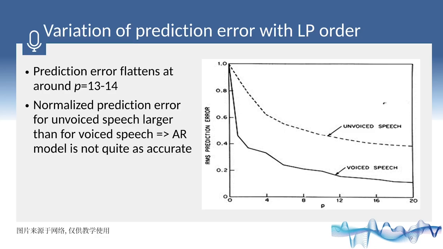Prediction error flattens at around P equals 13 or 14 at an 8 kHz sampling rate. For wideband speech at a higher sampling rate, the value of P could be higher.